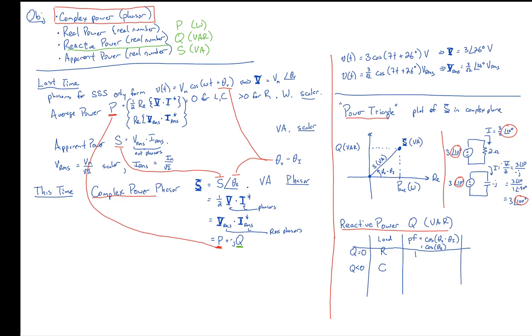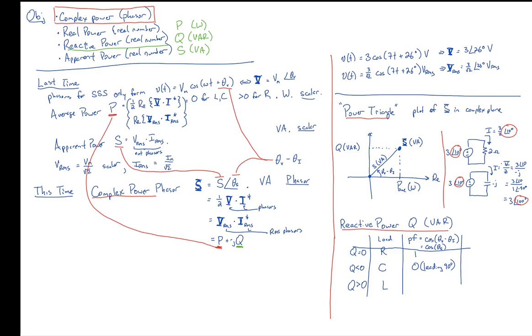The angle's going up by 90. It's going to be 90 degrees up. So the power factor is going to be, what's cosine of 90? 0, because the current is leading by 90 degrees.